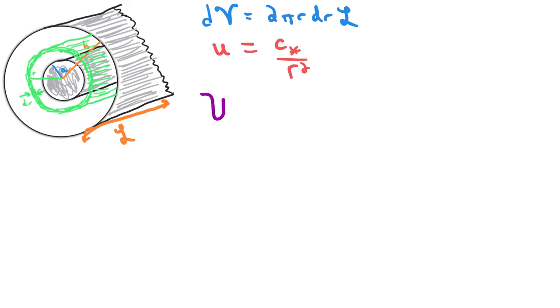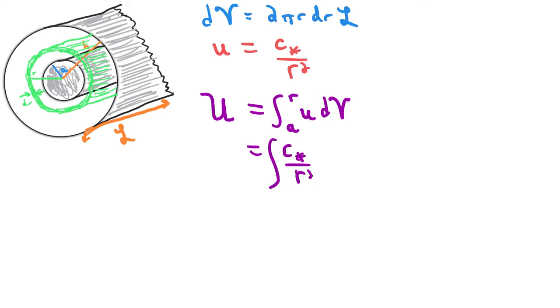Remember that the actual energy at some distance r, contained now within a cylinder of radius r, is going to be the integral from the inner conductor to wherever we are of the energy density times the volume element. So that's going to be the integral of C star over r squared, from a to r, times 2 pi r dr times L. And lo and behold, this is again just going to be the integral.